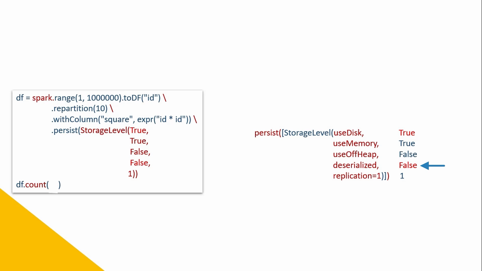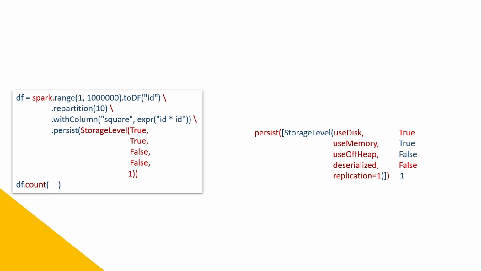But when you cache data in the memory, you can cache it in serialized format or deserialized format. The deserialized format takes a little extra space, and serialized format is compact. So you can save some memory using the serialized format. But when Spark wants to use that data, it must deserialize it. So you will spend some extra CPU overhead.